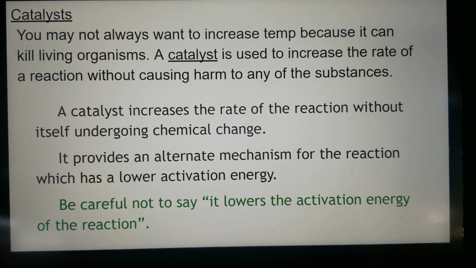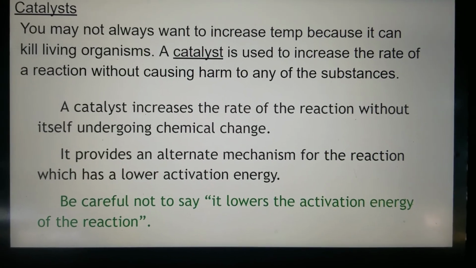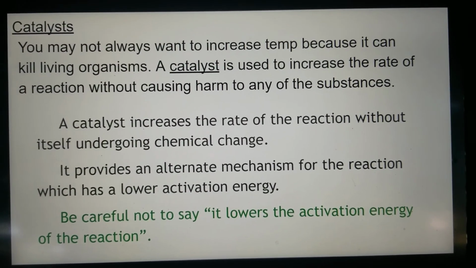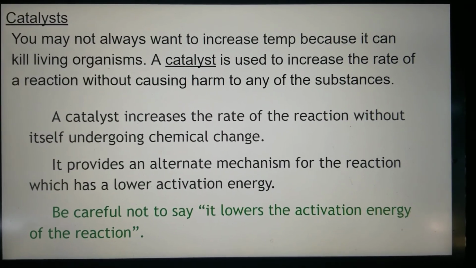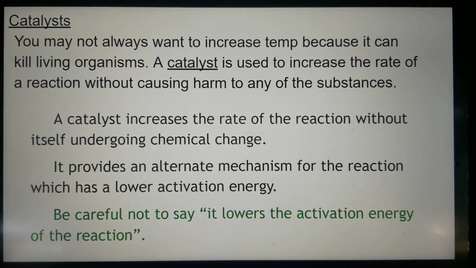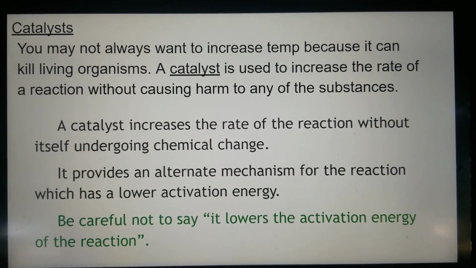So the catalyst is going to be there at the beginning of the reaction and at the end. And it's not going to be a part of the reaction, but for whatever reason, it has this property where it helps the reaction go faster, but it doesn't actually participate in the reaction.